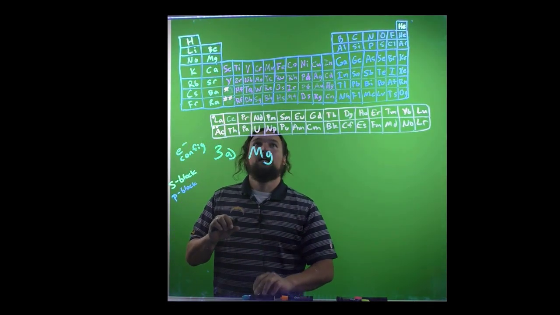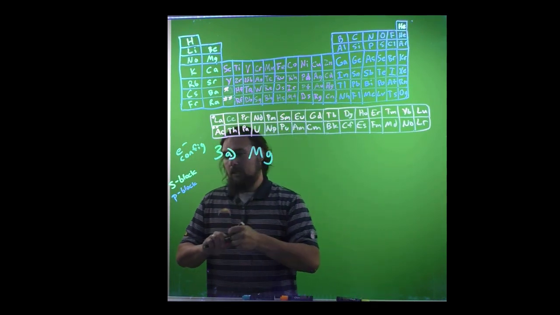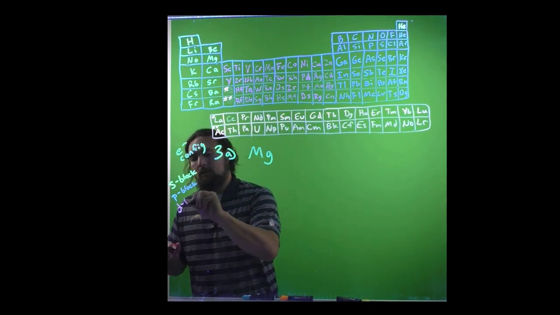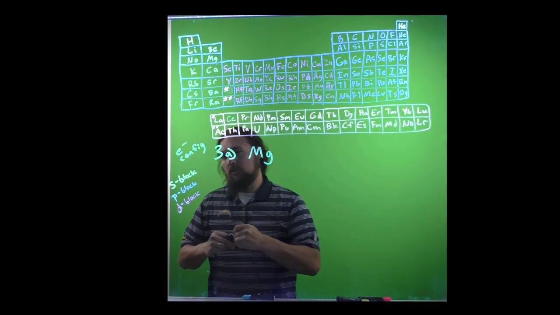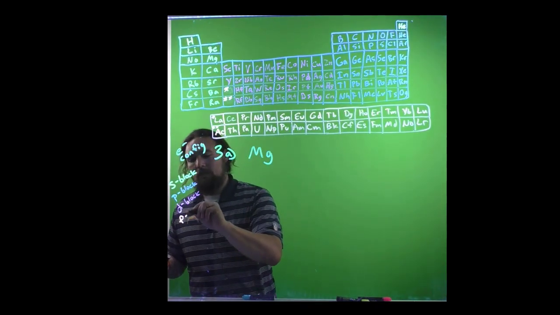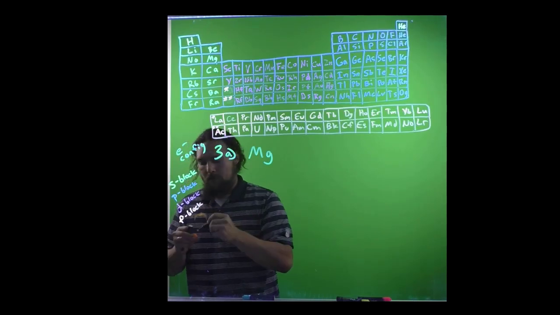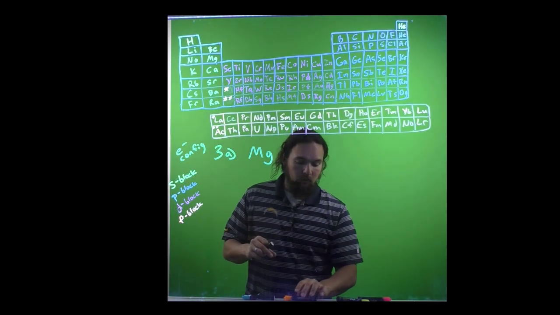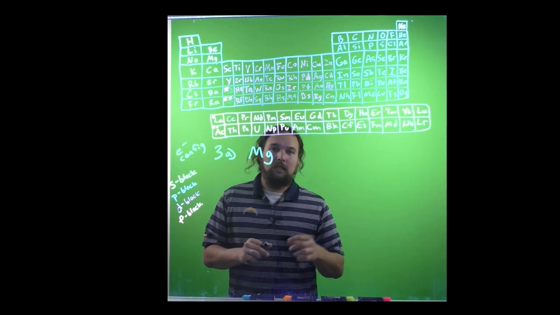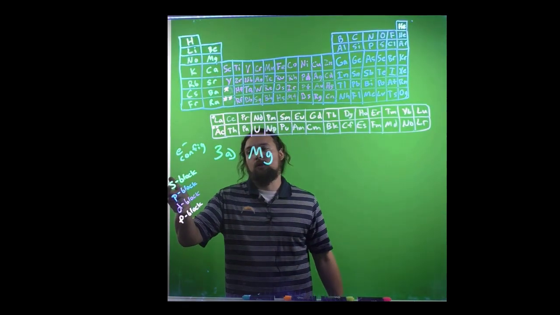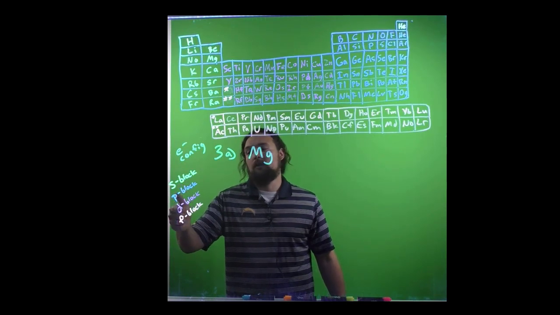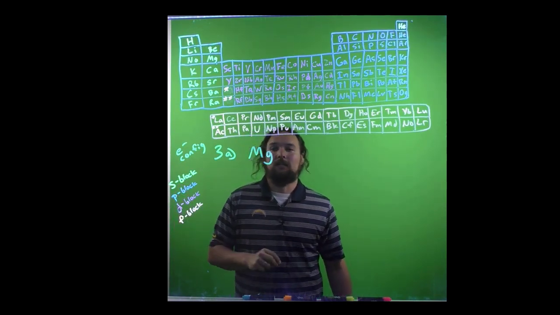What I've drawn in pink is the D block. And what I've drawn in orange is the F block. Okay? And the numbers that we start with can be figured out using Chapter 7 concepts of quantum mechanics. The S block starts with 1, the P block starts with 2, the D block starts with 3, and the F block starts with 4.